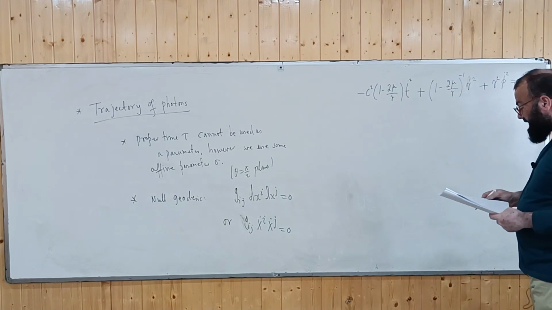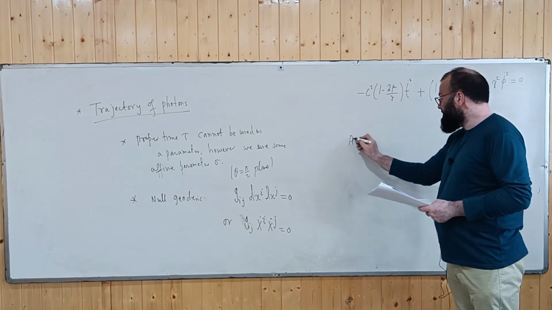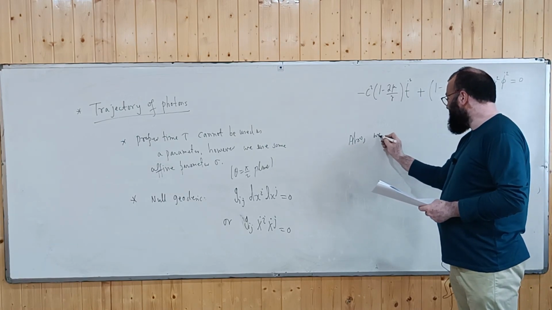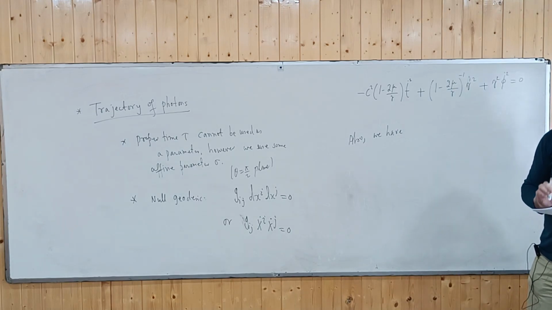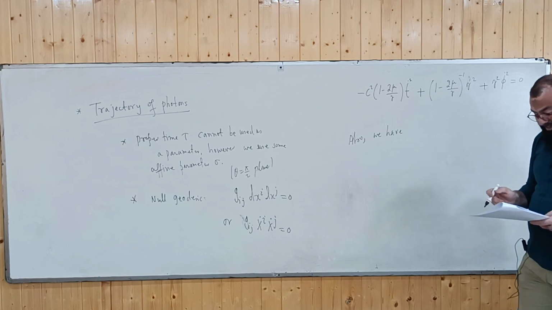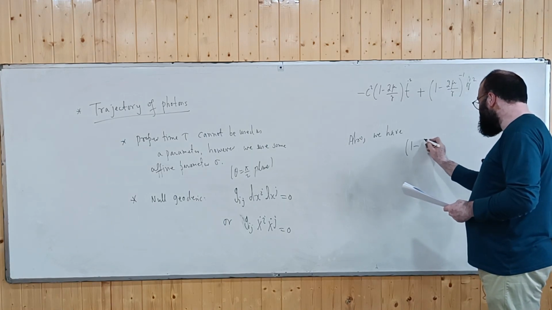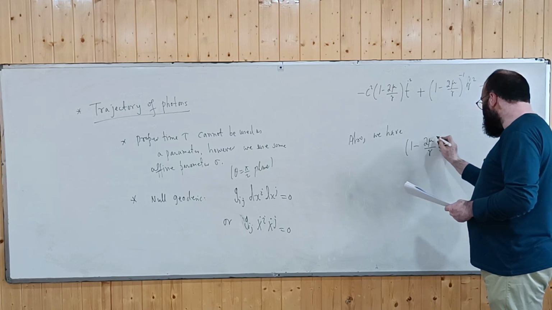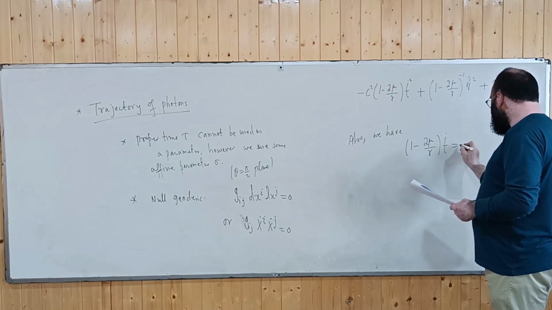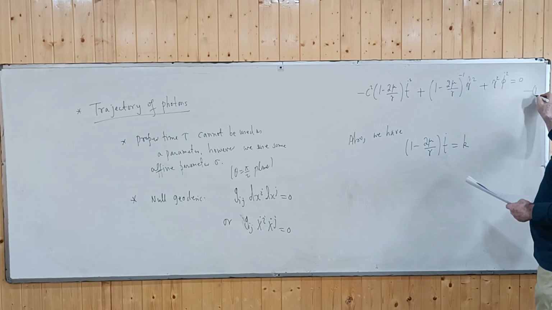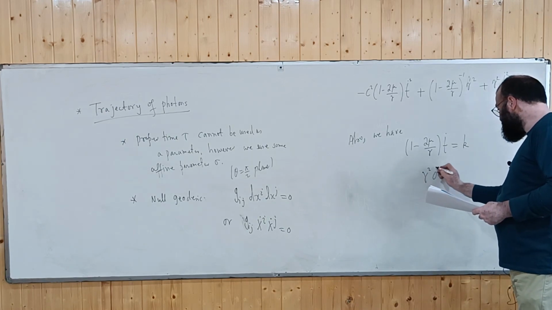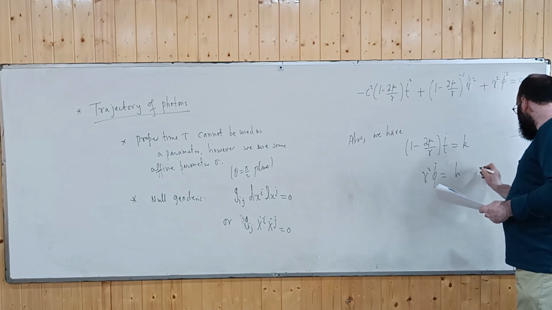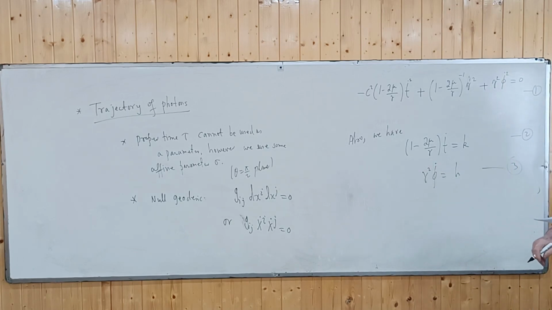We also have other equations. We have already derived those equations for t and phi. So we have (1 minus 2 mu by r) t dot equal to k, let's call this 2, and r squared phi dot equal to h, call this 3.